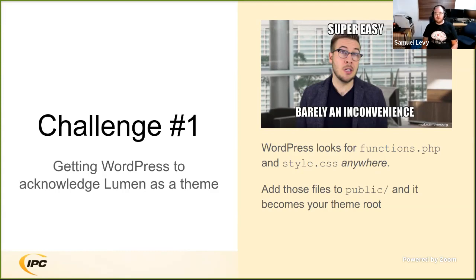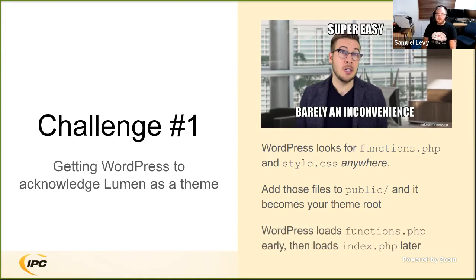That means WordPress ignores everything outside, all the app and config and all of that type of stuff, and it assumes the public folder is the root of the theme. So it works with that assumption and runs everything from there. And what WordPress does is when it's booting up, it loads the current theme and loads functions.php from that current theme. And then later on, it'll call index.php.